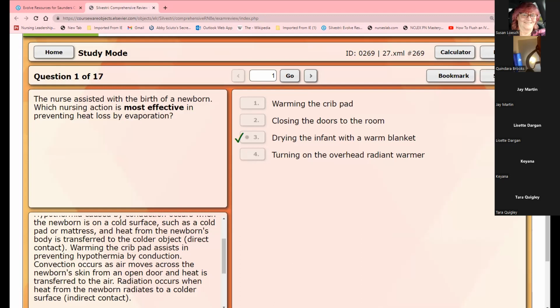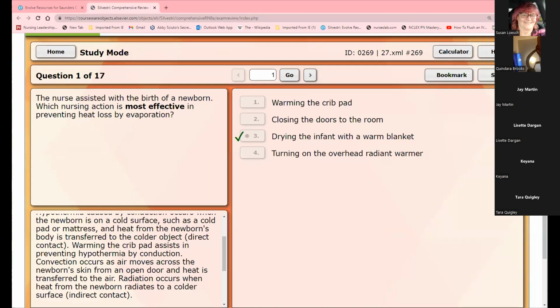All right, let's go to the slides for a minute and we're going to talk a little bit. All right, so oxygen is the most important factor in controlling closure of the ductus arteriosus. True or false? What is the ductus arteriosus?